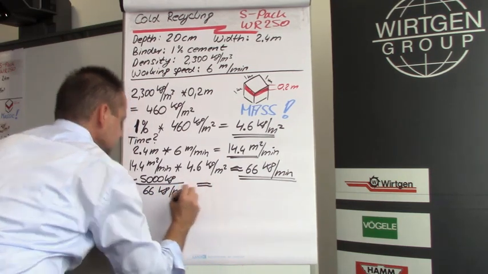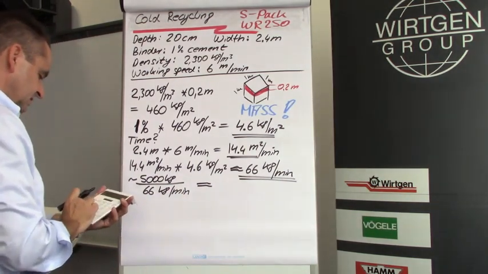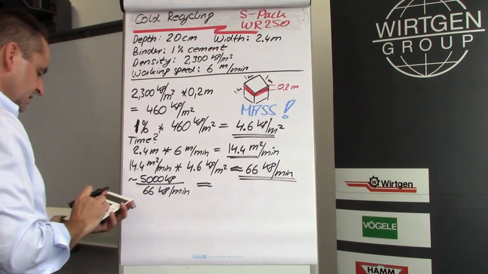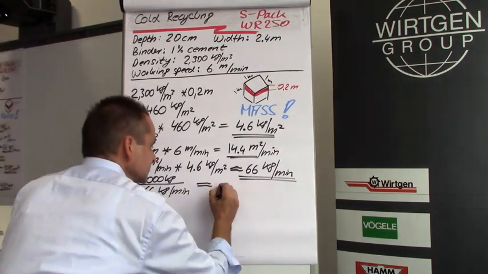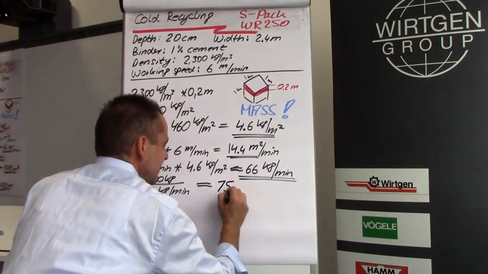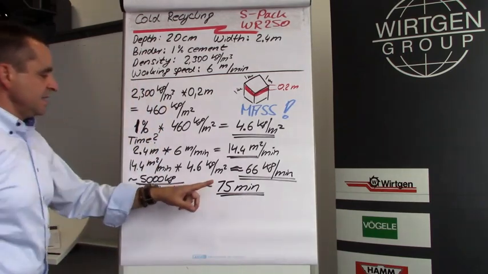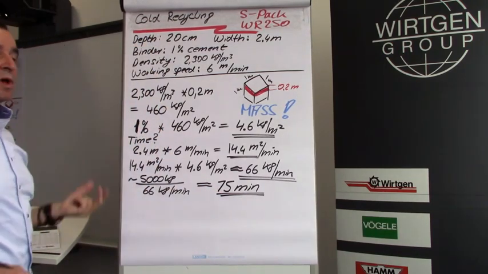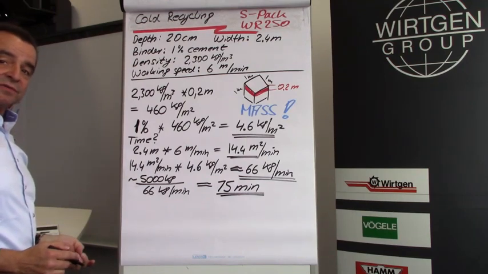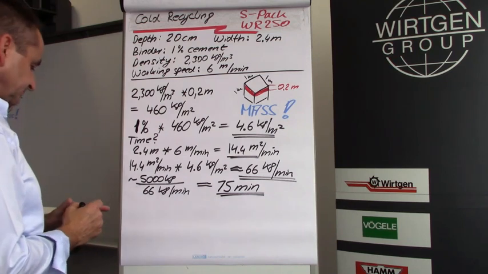Quickly, here we go, 5,000 divided by 66 kilograms. This means 75 minutes. After 75 minutes, in this example, the aspect will be empty and we have to refill it with cement.